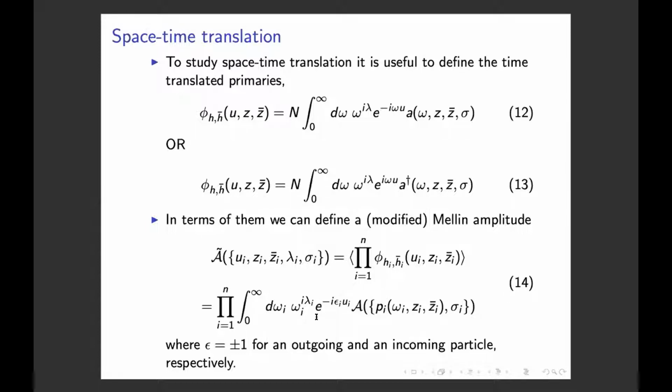This omega i is actually missing from equation 14, but it is just these phase factors which are there in the definition of this phi U Z Z bar, in terms of A and A dagger. And these epsilon are plus or minus 1 depending on whether this phi is actually incoming or outgoing.